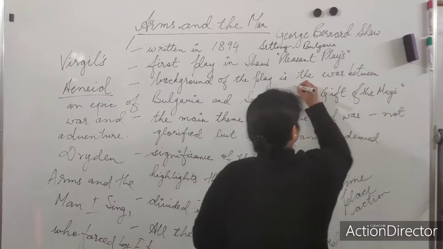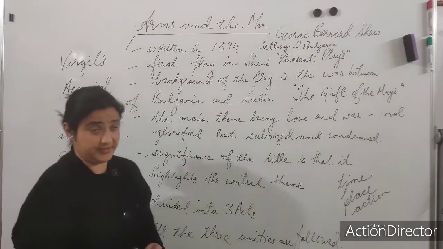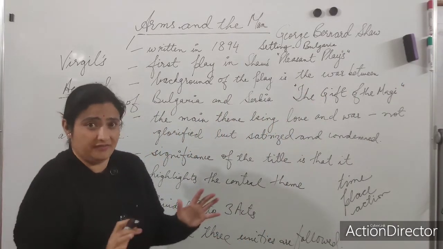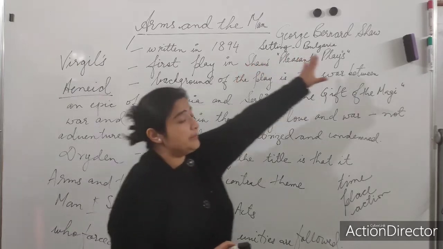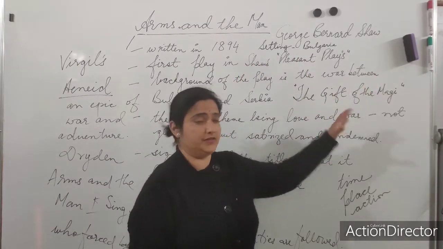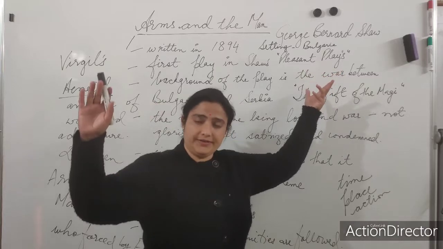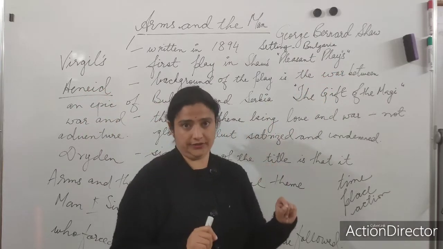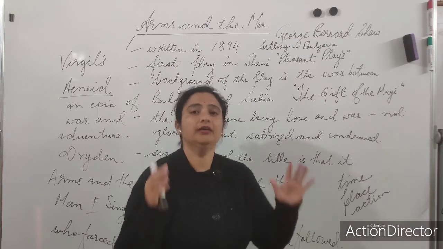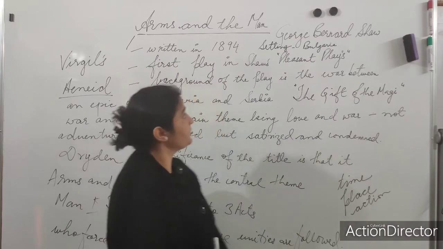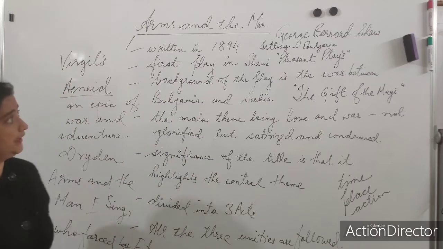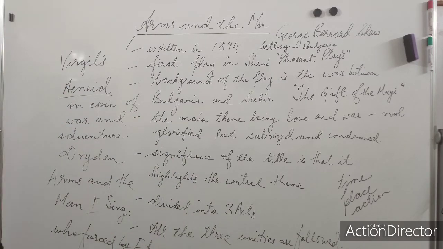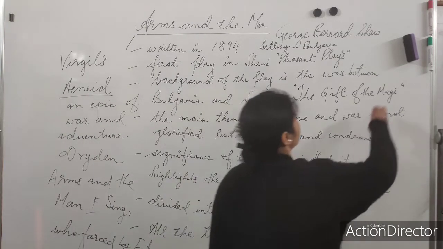I will put it in double inverted commas. And we do not fiddle, we do not do anything to the name of the writer. Remember this. Neither is it totally in uppercase, neither is it underlined, neither is it put in inverted commas. So these are tricks of the trade. Remember them, right?